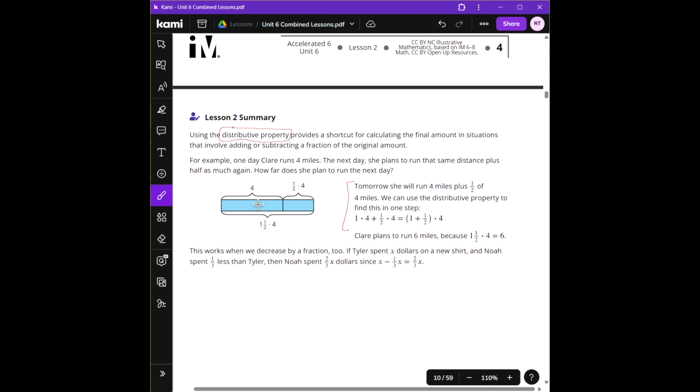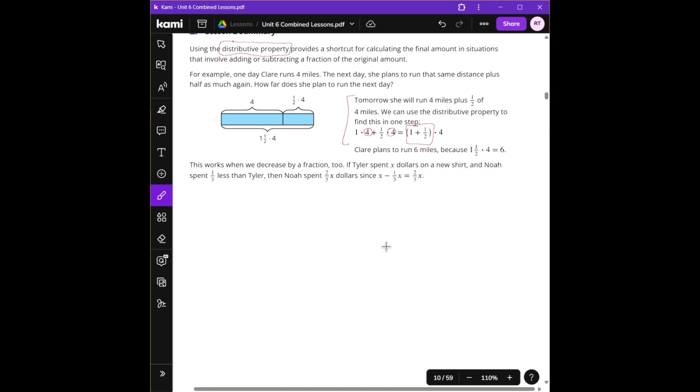And what I can do is factor out a 4, because it's going to be in each one of those terms, and then I can multiply it by 1 plus a half. We're going to be looking at more of this a little bit later. That's it for this lesson.